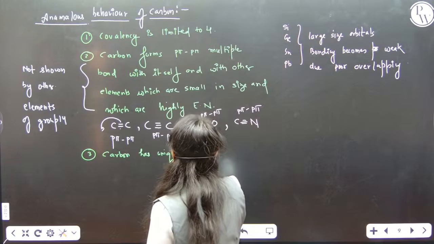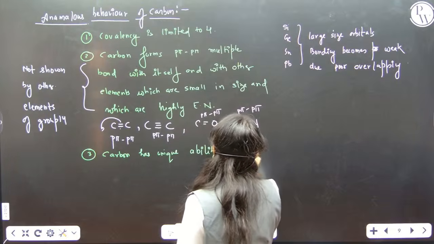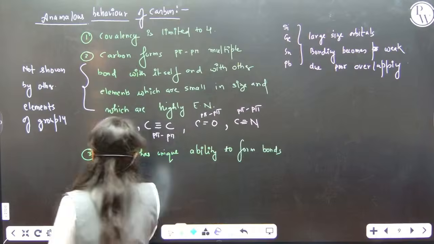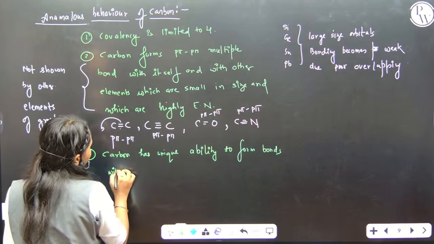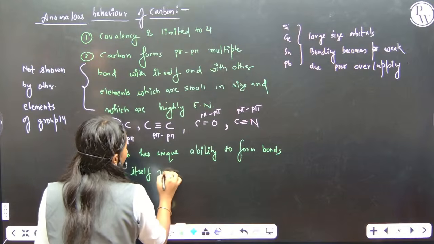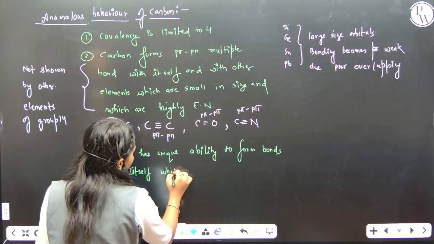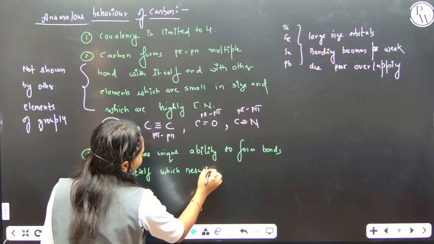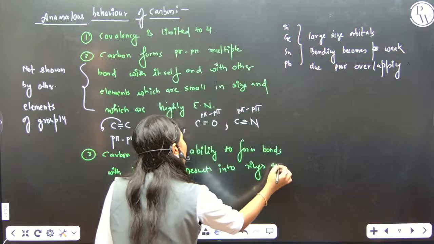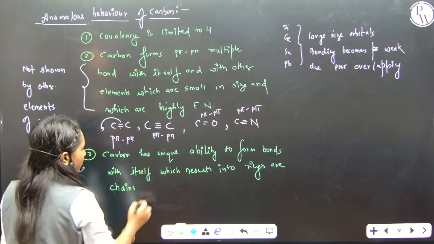Carbon has a unique ability to form bonds with itself, which is called catenation, which results in rings and chains.